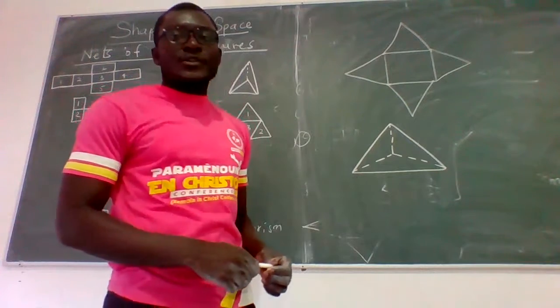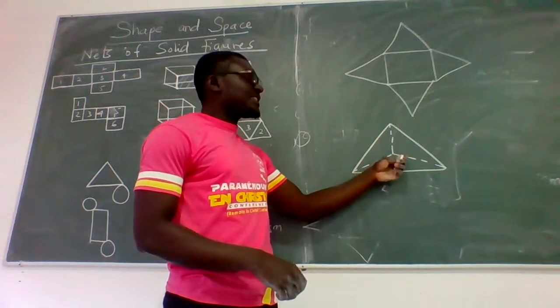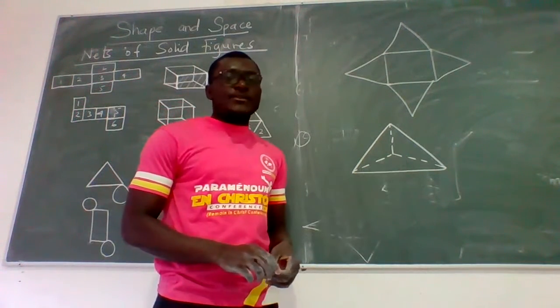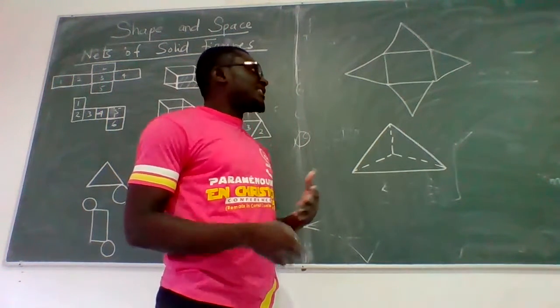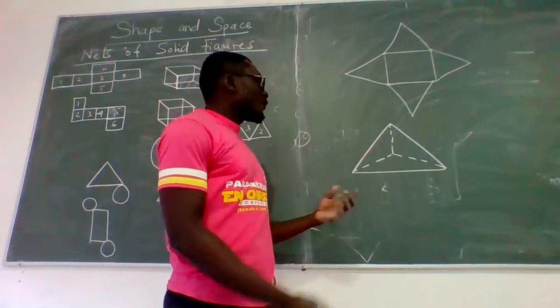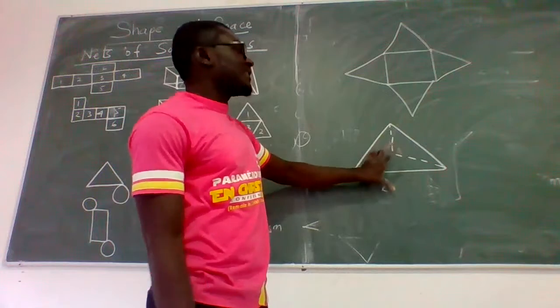So what do you think is the name of this figure, based on whatever you have learned today about prisms and pyramids? What are you going to say is the name for this figure?